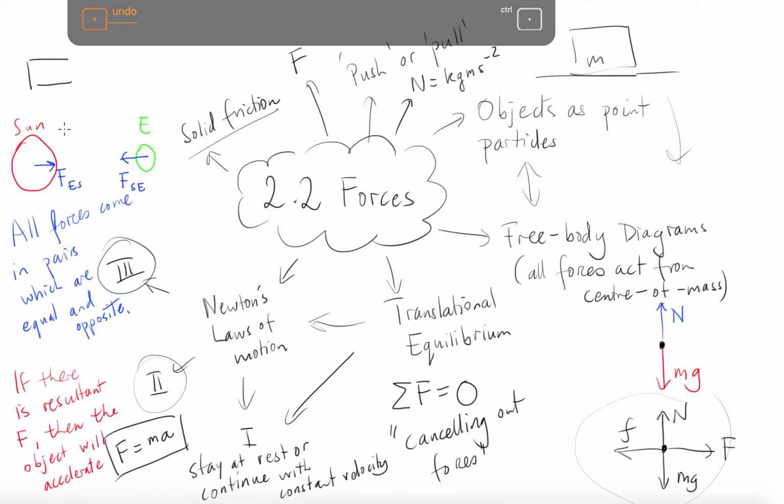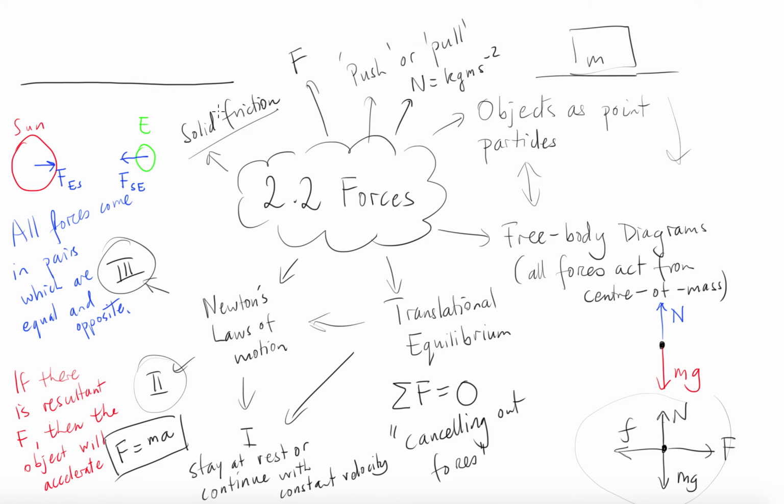In a lot of cases we disregard friction, but friction might need to be taken into account when we have, for example, a wooden block on a surface. There might be friction between the wooden block and the surface. This could be wood, and this could also be a wooden surface.